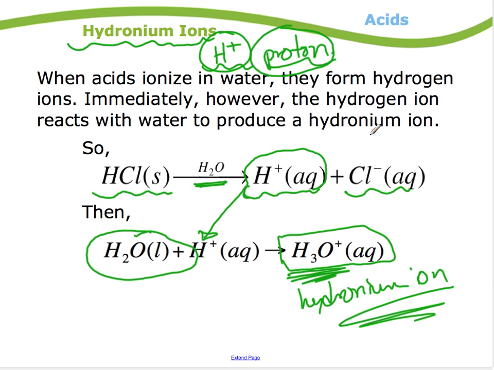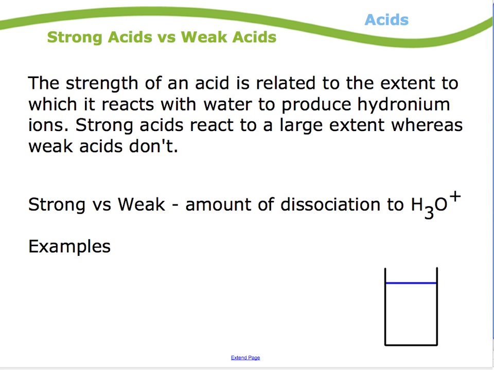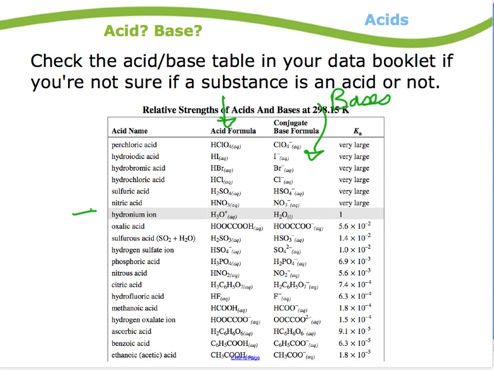Okay? So acids, if you think hydrogen ion, you think proton, you think hydronium ion, all of those are associated with acids. We also will be talking in the next Scribblecast about the strength of acids and a way that we can quantify that, put numbers to it. But it's also useful to talk about a strong acid versus a weak acid, or a strong base versus a weak base. So strong acids are things like, if you look on your chart, there's a little line here.